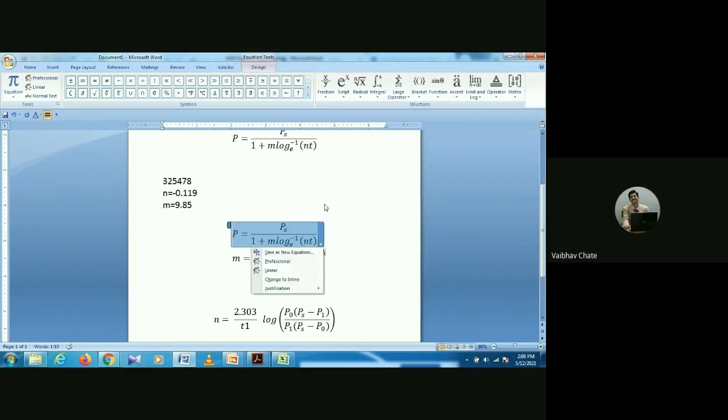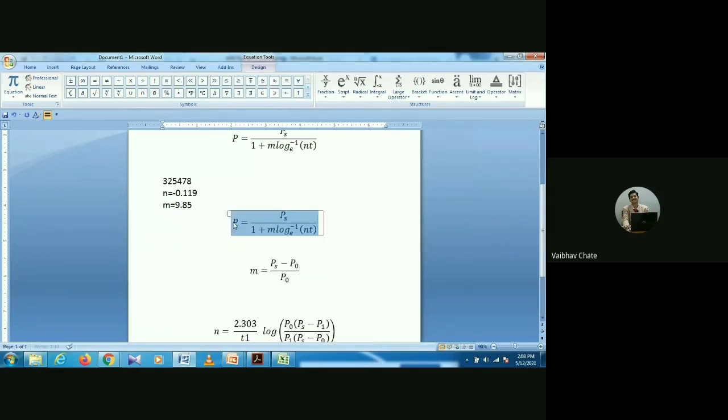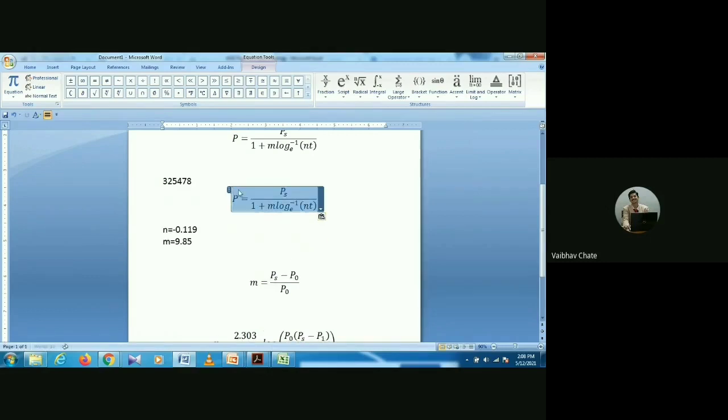Instead of putting it as PS, I'll just use the values here. That is 3,25,478.